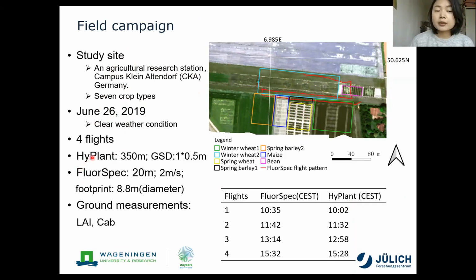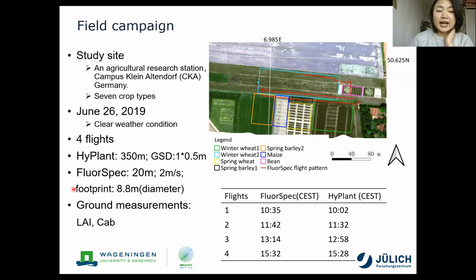The airborne HyPlant system and the UAV-based FluorSpec system flew over the field following a diurnal pattern 4 times on this day. HyPlant flew at a height of 350 meters, resulting in a spatial resolution of 1 times 0.5 meters.